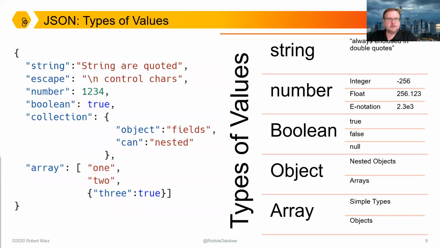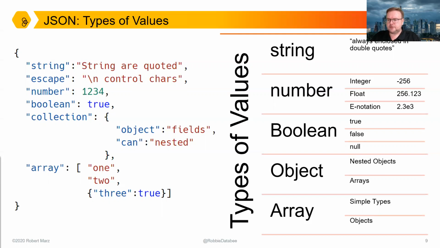JSON can deal with a couple of data types. The most used will be string, and strings are always enclosed in double quotes. Then we have numbers. You can use integers, floats, or the scientific notation with the E, and all those are valid. Numbers don't have to be in double quotes because they are a data type of their own.